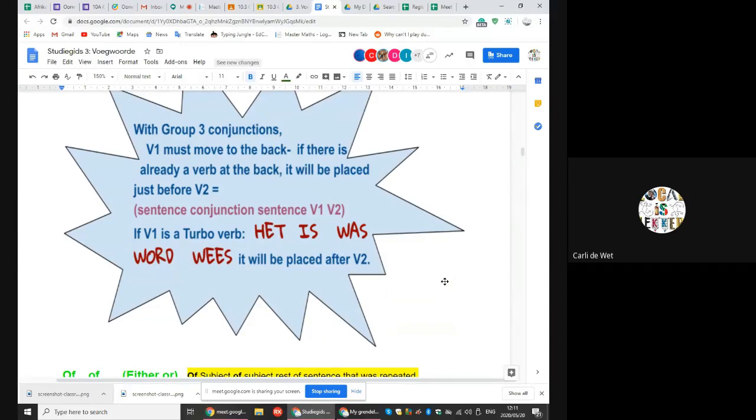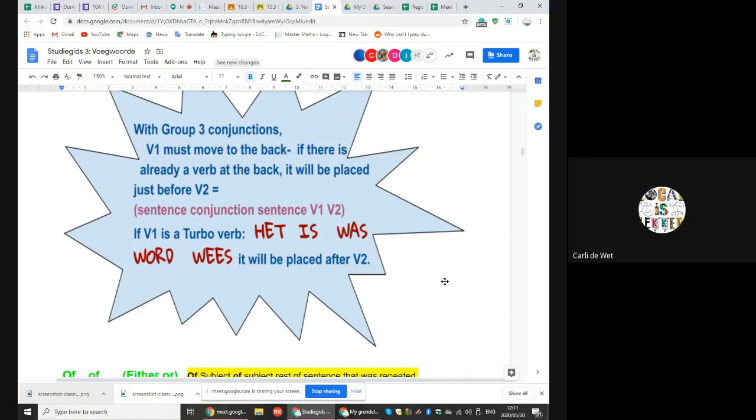If verb 1 is one of these turbo verbs, het, is, was, word, wees, then they have the ability to go over verb 2 and they will be the last word of the sentence. Only those 5 verbs. The rest of them will always be sentence, conjunction, sentence, verb 1, verb 2.